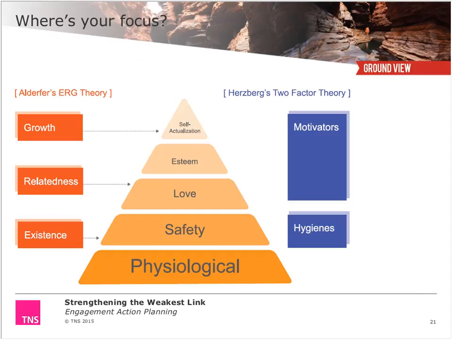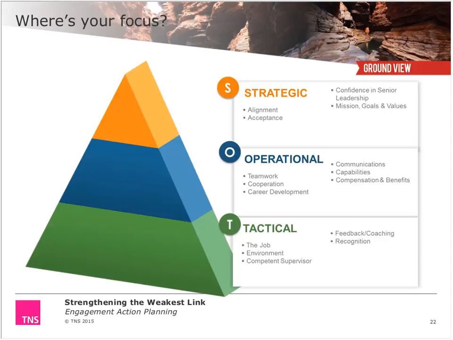Let's look and see what that looks like. So what we did is that managers need to have focus, and we asked the question, where's your focus? In every survey, there are items that are very tactical, very basic, around the job, the environment, their supervisor, feedback, coaching, recognition, very basic day-to-day tactical things.